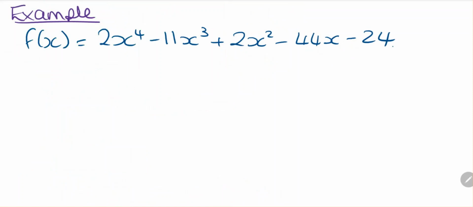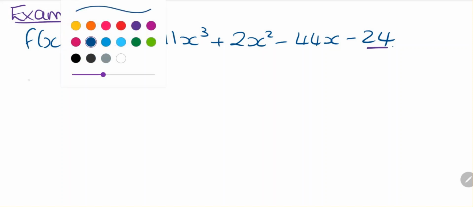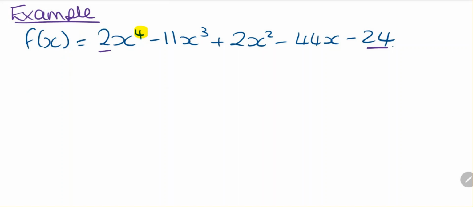Okay, so we have an example. We're given the function, and if we look at this, we can see that we are expecting it to have 4 real roots. We have a coefficient of 2, and then we have a constant of -24. So the first thing we're going to do is use the rational zero theorem, and we're going to find the factors. So we're going to work out P divided by Q. This is our Q value, and this is our P value.